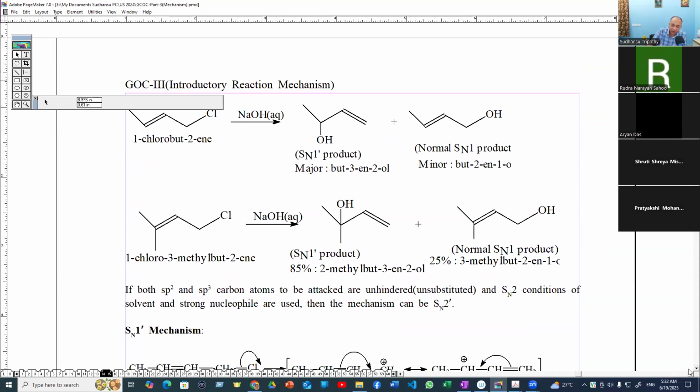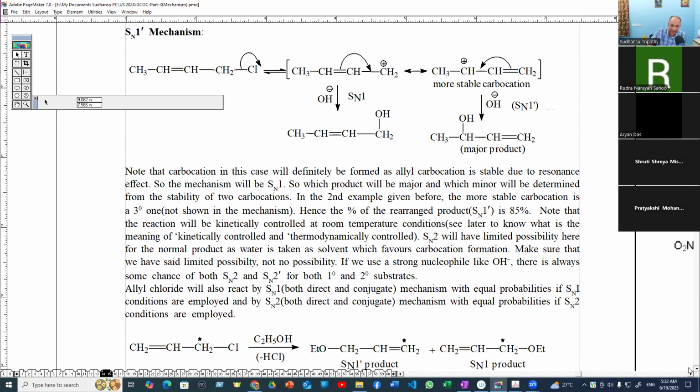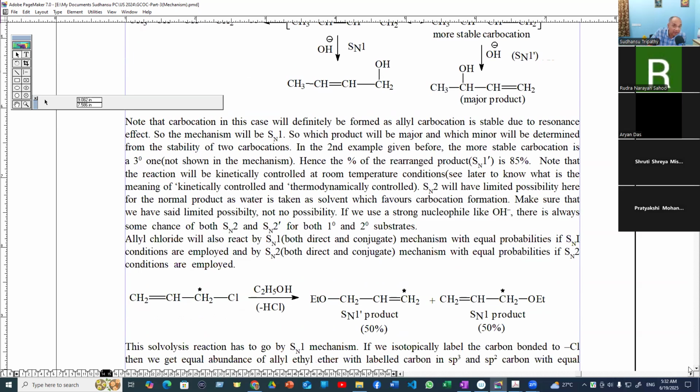So clear cut, there is an edge of the kinetically controlled product over the thermodynamically controlled. But here thermodynamics and kinetics will shake hands and will give 50-50 in this case. And this will be SN1 dash, cannot be SN2 because it is a weak base. You can think of SN2 and SN2 dash in this case.